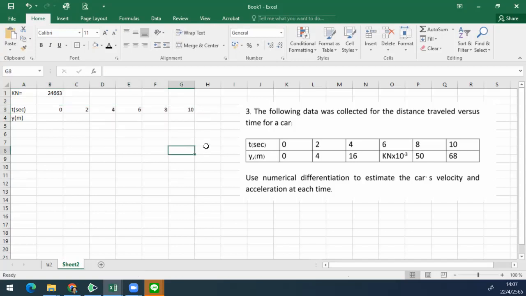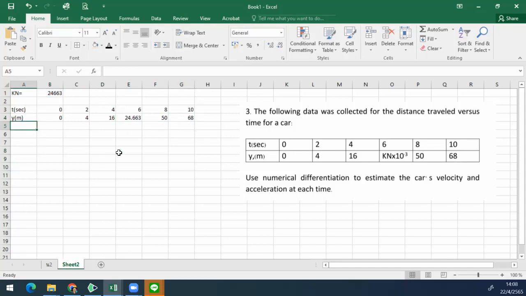This is equal to minus 3, and it becomes 50 and 68.